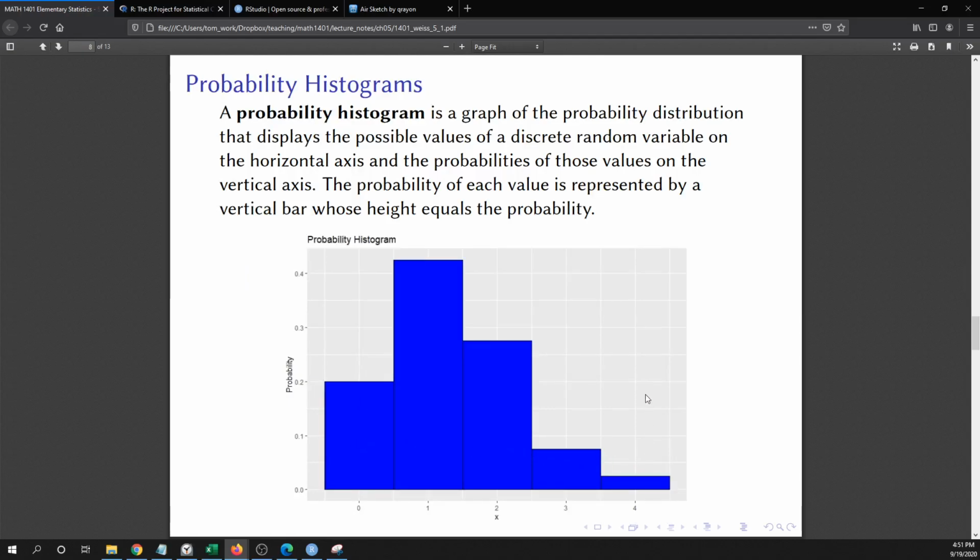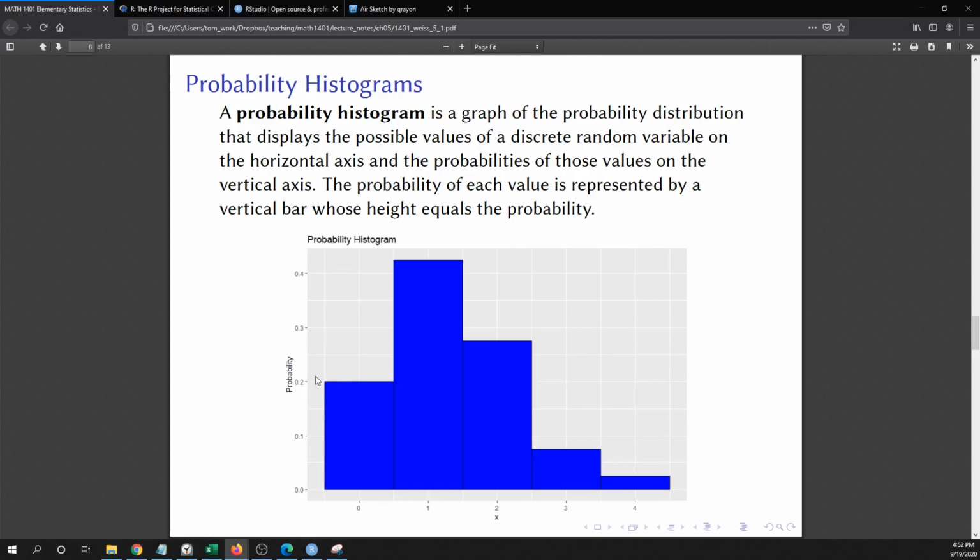Say you repeated this experiment, say 1,000 times. And then over those 1,000 times, you counted up how many times you got a 0 for the value of the random variable. If you took the number of times you got a 0 divided by the total number of times, 1,000, then that should come out to be around 0.2.